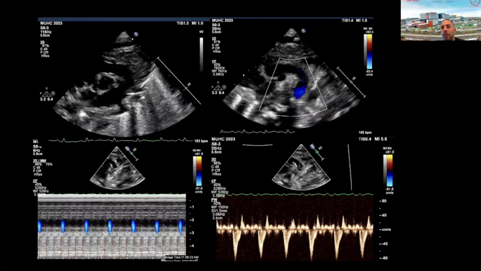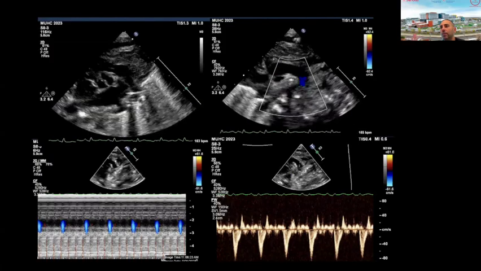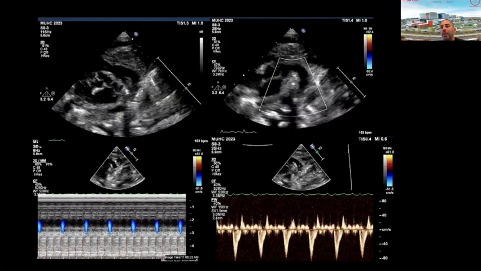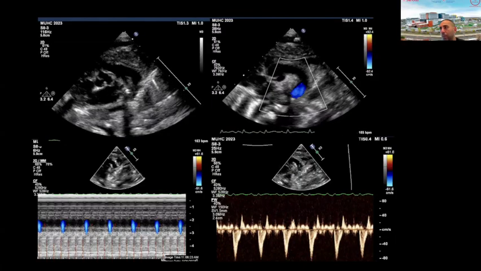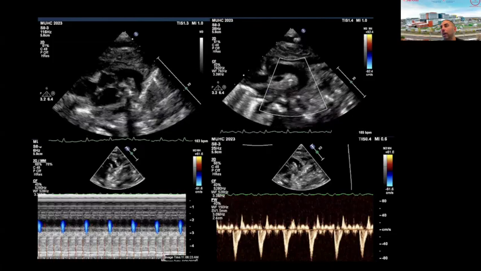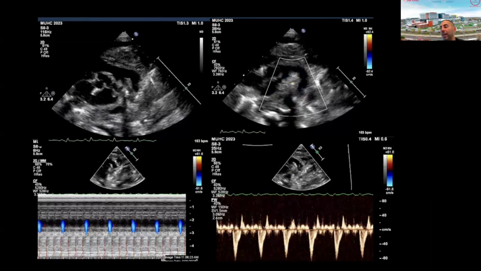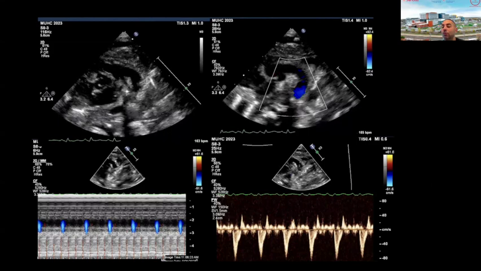The reason there's a right to left shunt is that this patient has poor systemic blood flow. Right now, this PDA is actually systemic because there's probably a component of abnormally high PVR, but there might also be a component of RV providing systemic output. So having INO in this context may be detrimental.